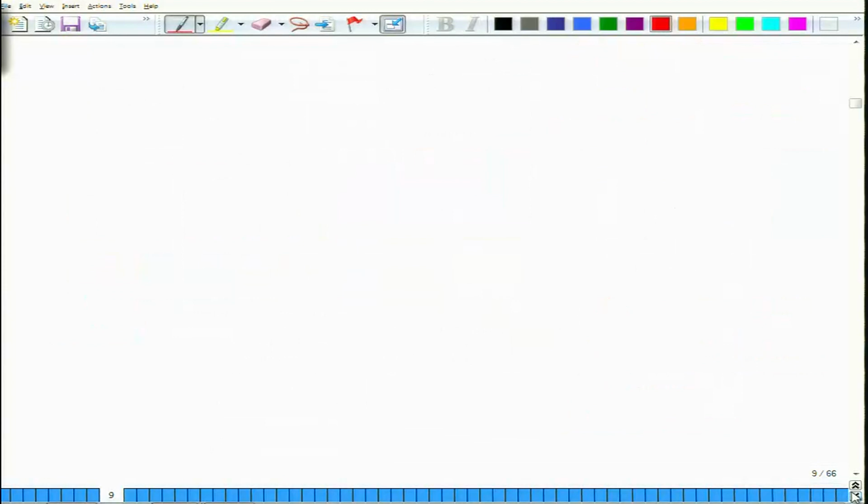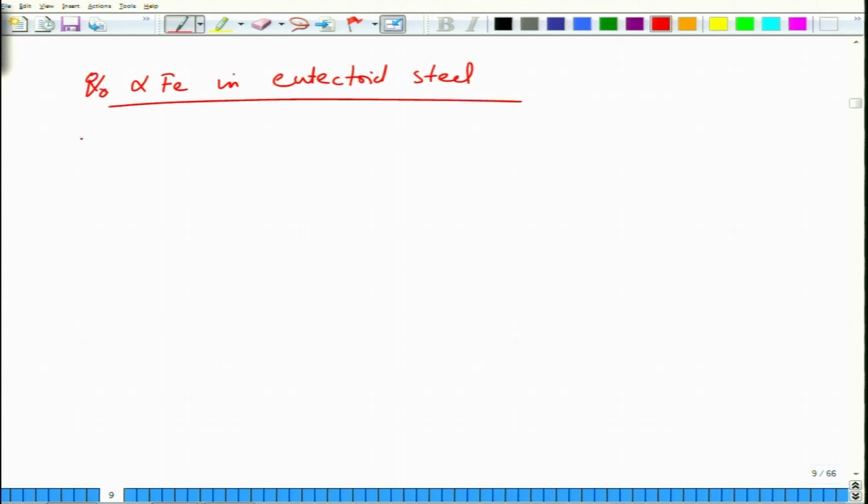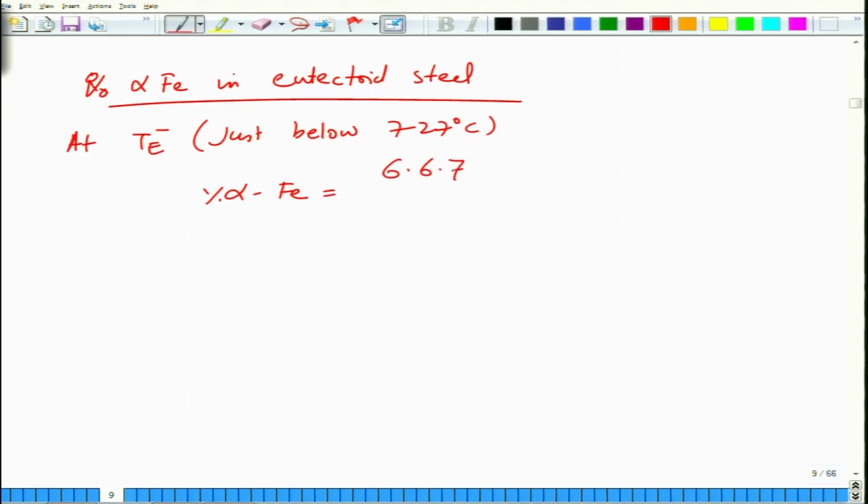So we can calculate the percentage of alpha Fe in eutectoid steel. At Te minus, that is just below 727 degrees centigrade, the percentage alpha Fe would be equal to (6.67 minus 0.8) divided by (6.67 minus 0.025), into 100.